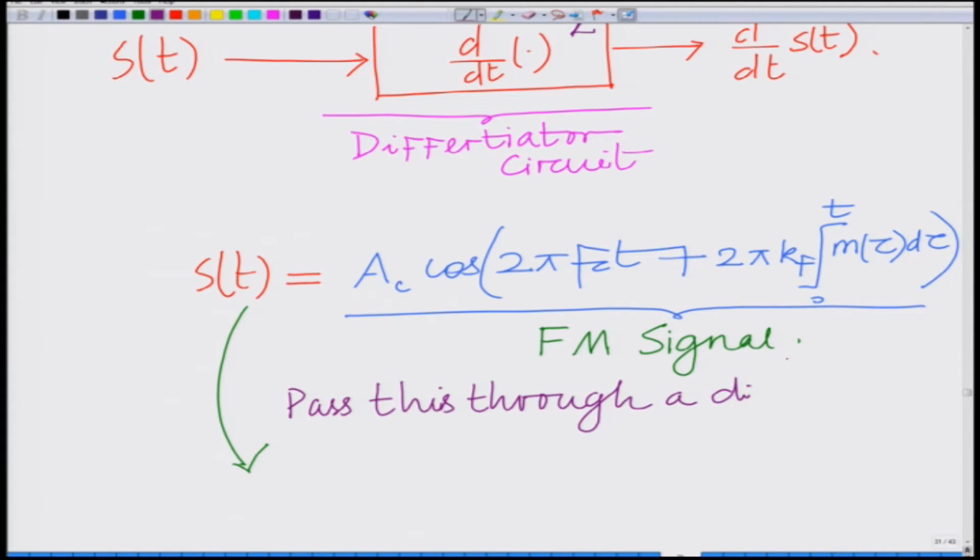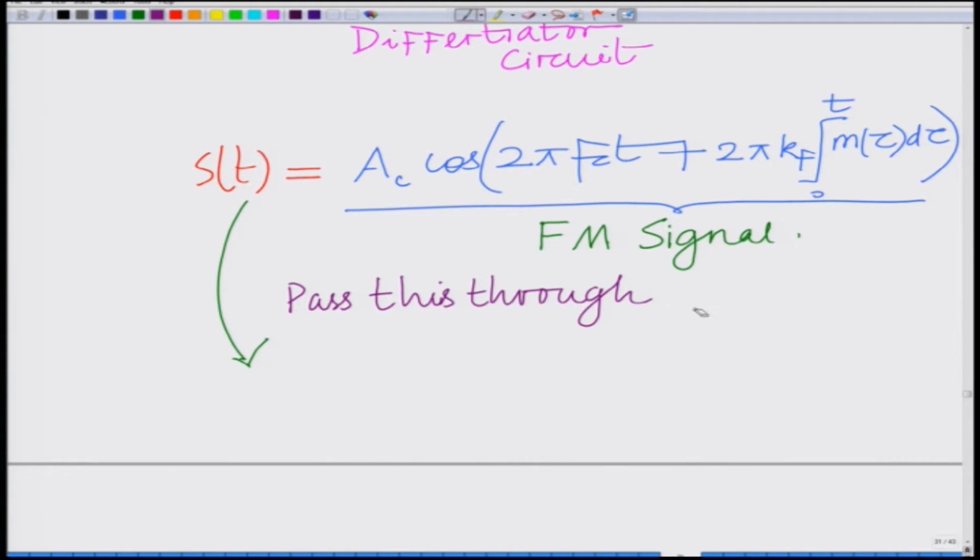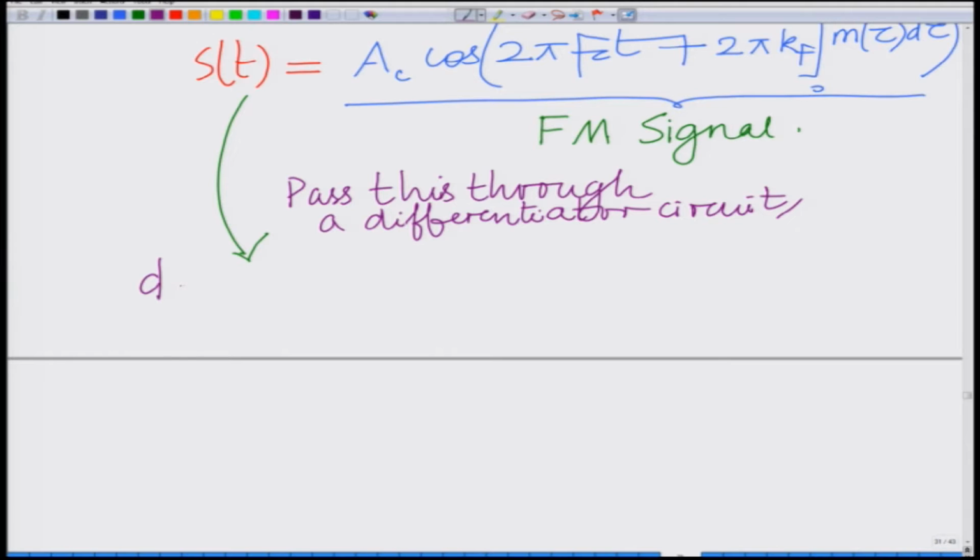when we pass this through a differentiator circuit, the output is the derivative of s(t), that is ds/dt, which is the derivative of A_c cosine of 2 pi f_c t plus 2 pi k_f integral m(tau) d tau.